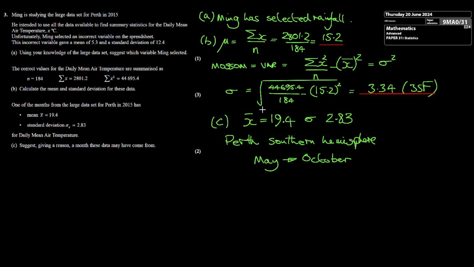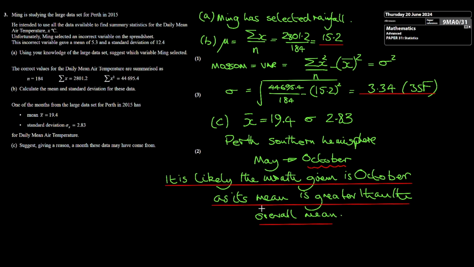And as the mean that we've now been given of 19.4 is greater than the mean of the overall, the conclusion is that this month is likely to be the month of October, because this will be the first month heading towards their summer, where the mean temperature will be greater than the overall mean of the May to October period as a whole. And there I've written the answer out in full.